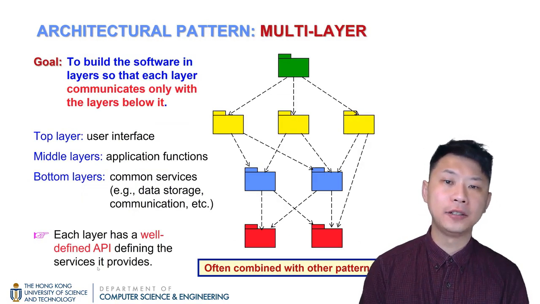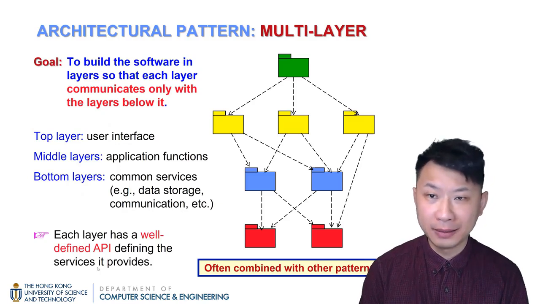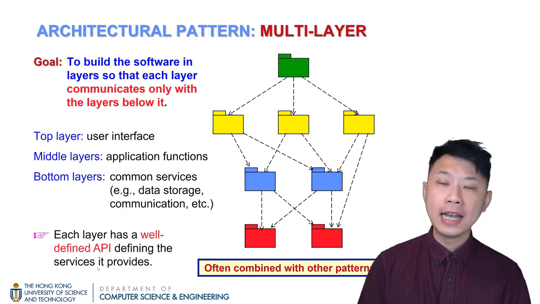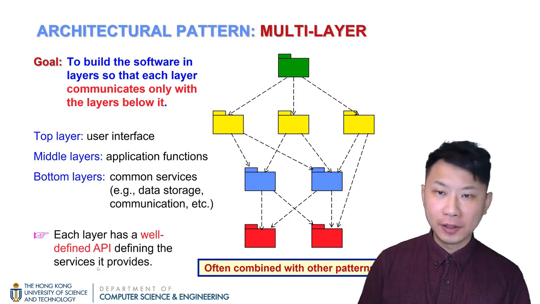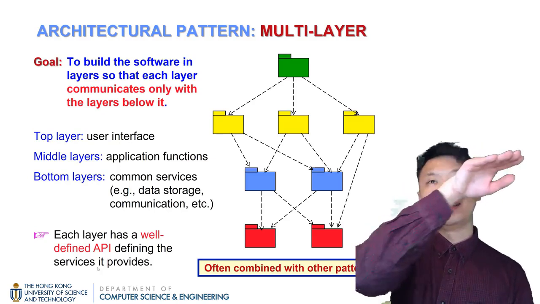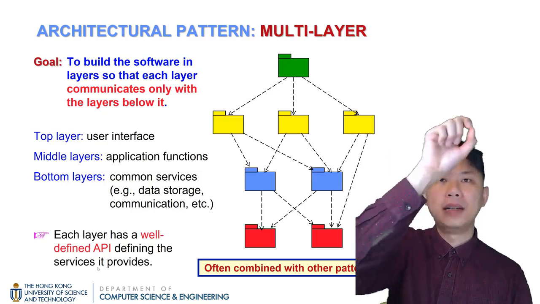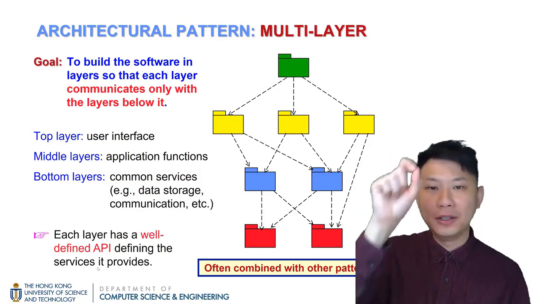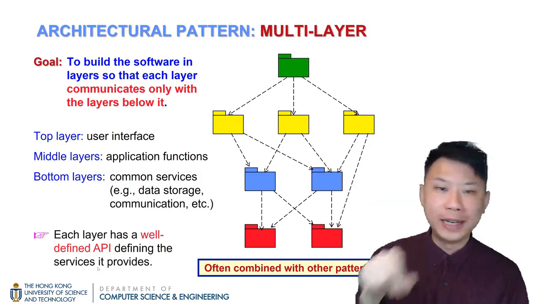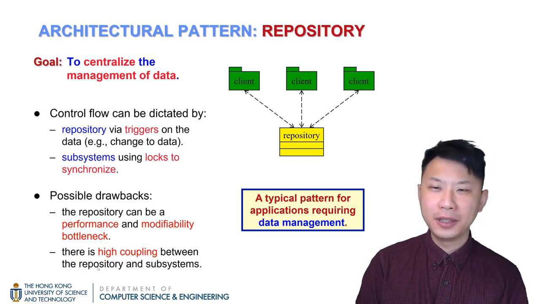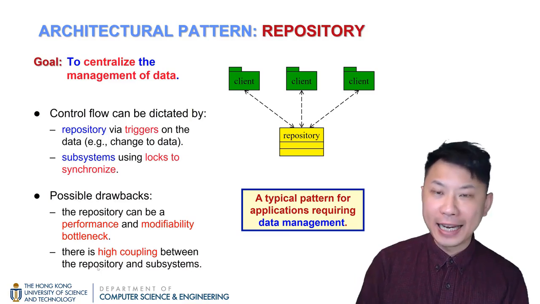The first architectural pattern that we're going to talk about is the multi-layer architectural pattern. This is what we have already covered. We put subsystems in different layers, and then we may connect the subsystems together using closed layered or open layered. We may also use the repository architectural pattern.